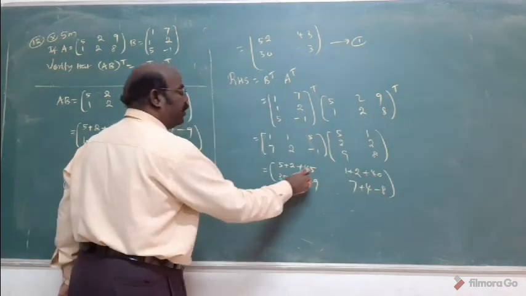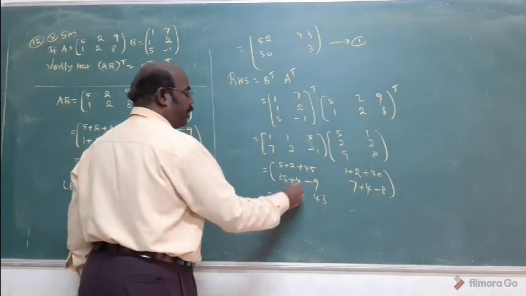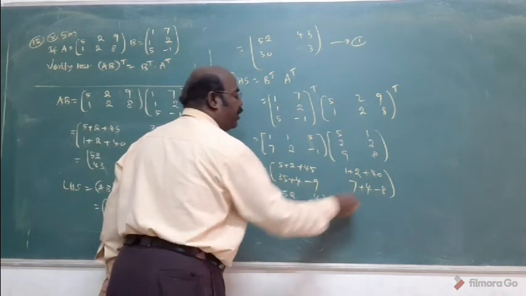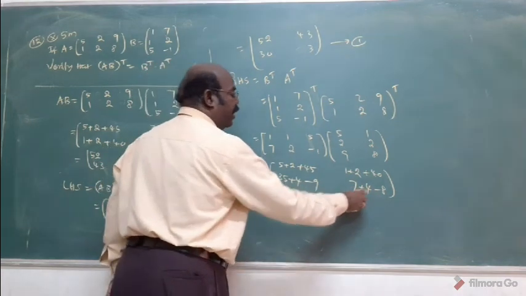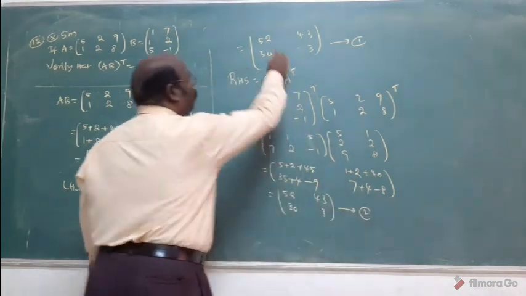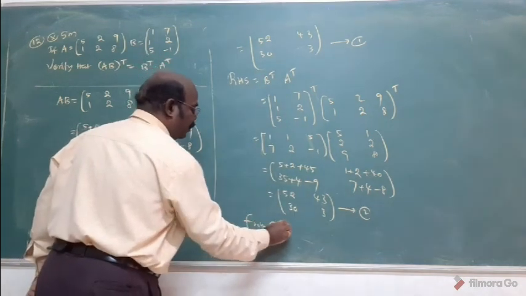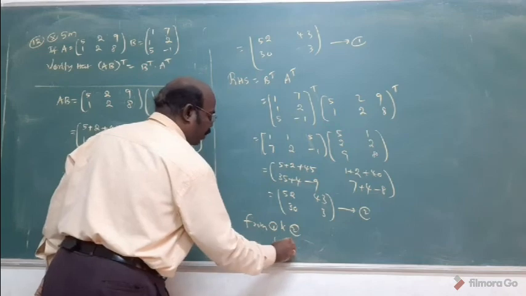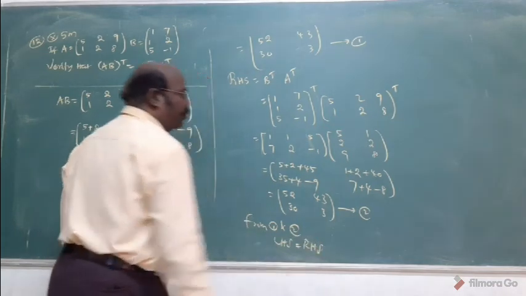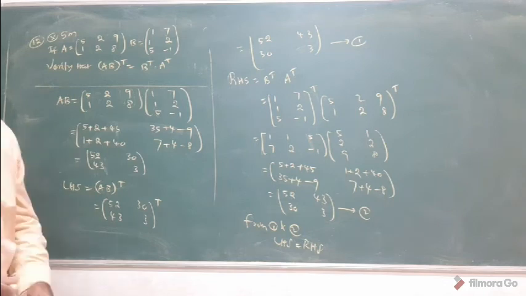Now simplify: 52, here 43, here 39, here 30. What is the answer? 11. But definitely both answers are equal. So LHS equals RHS. In a 5 mark question, you want to verify or show that both answers are definitely equal.